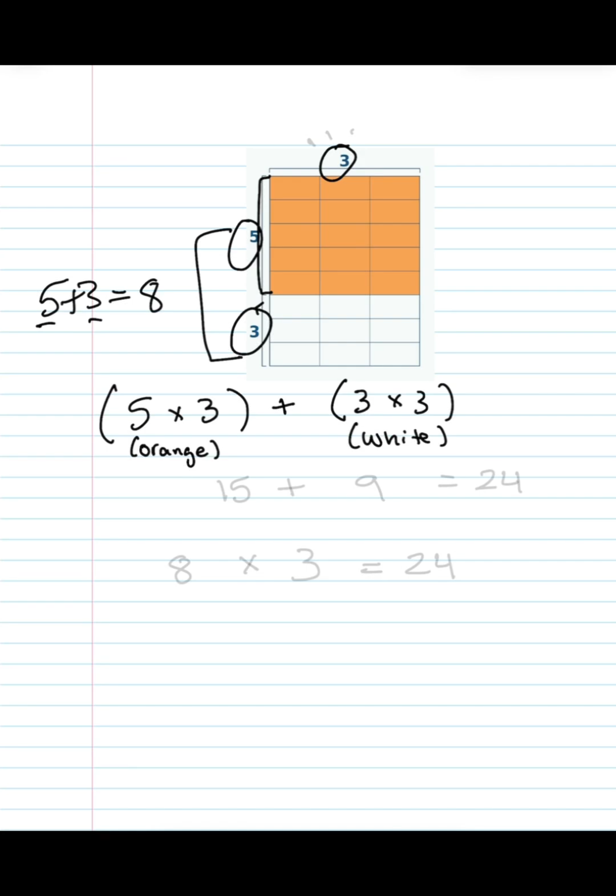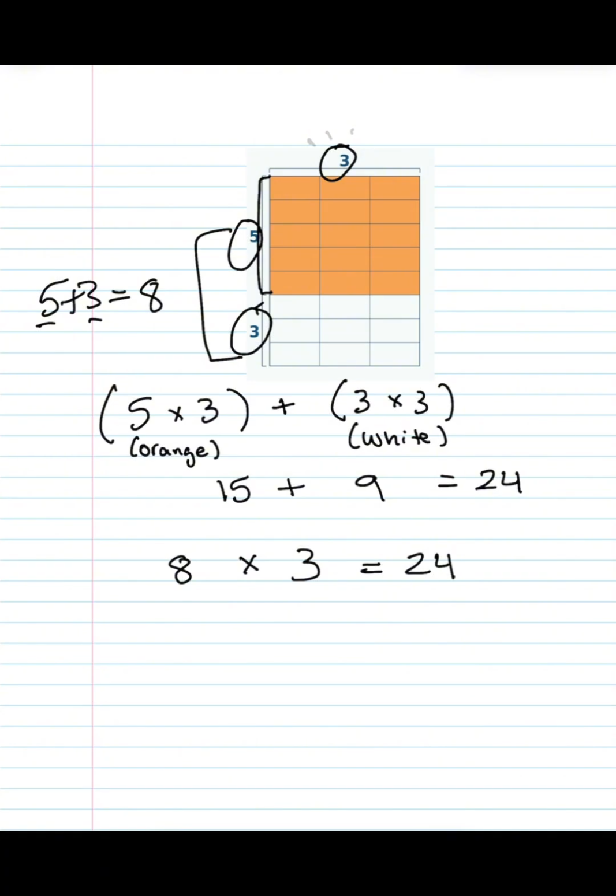And we're adding those together to get the total. So that's 15 plus 9, and that equals 24. Now, if you did know your 8 multiplication facts, you could write this as 8 times 3, which we know is also 24. So you get the same answer either way.